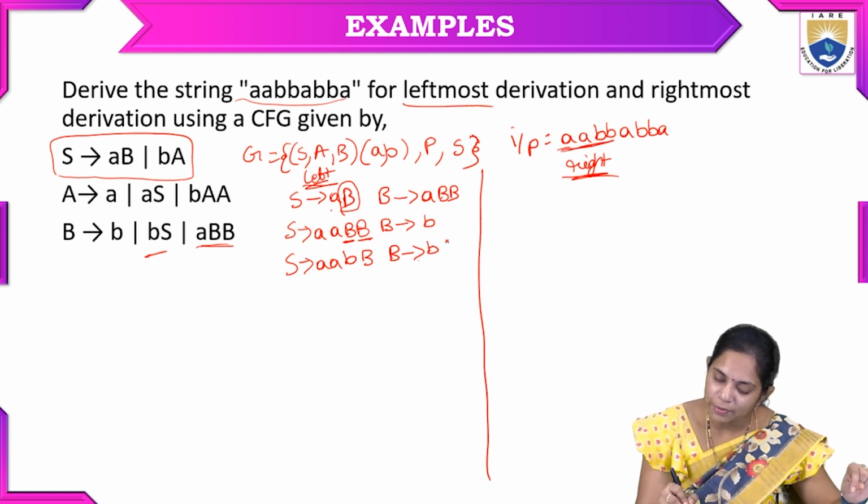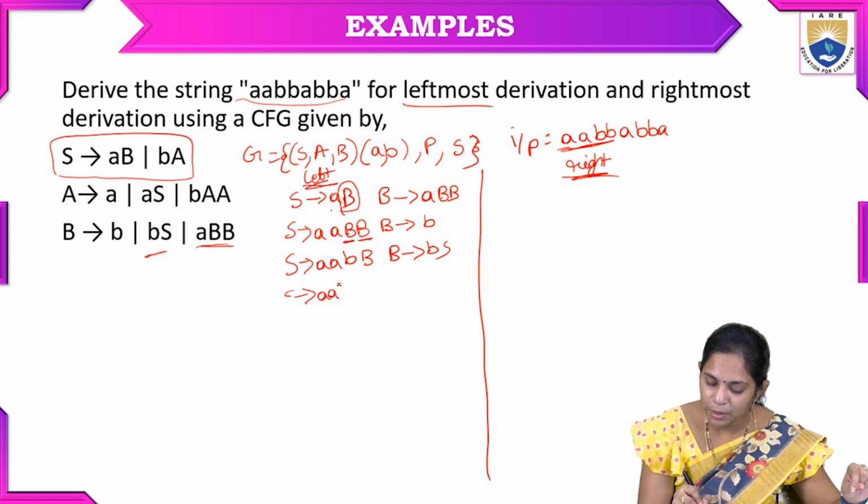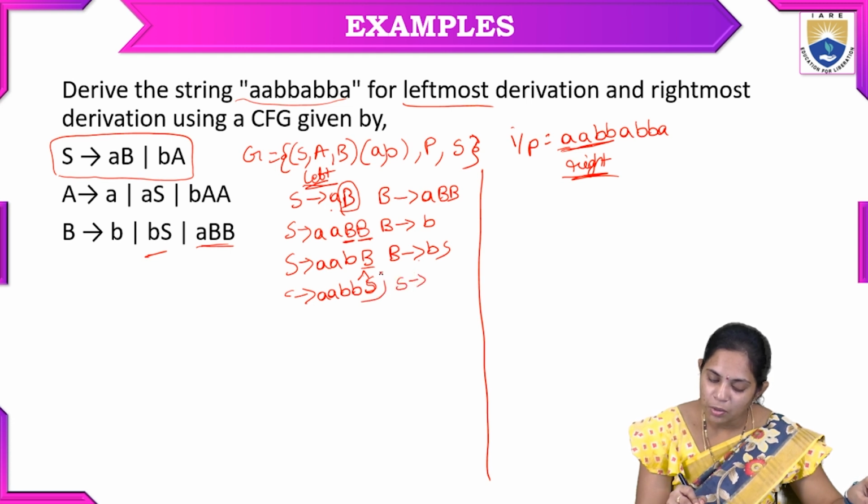So S tends to A, b, bS. Instead of this B, we are writing this bS.